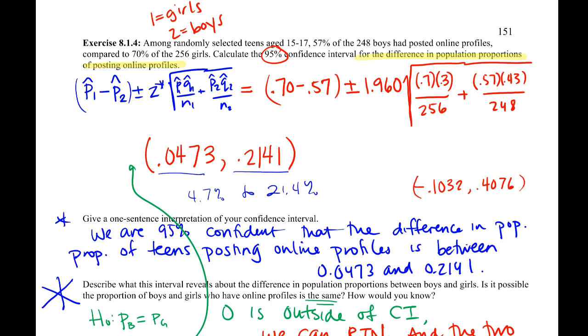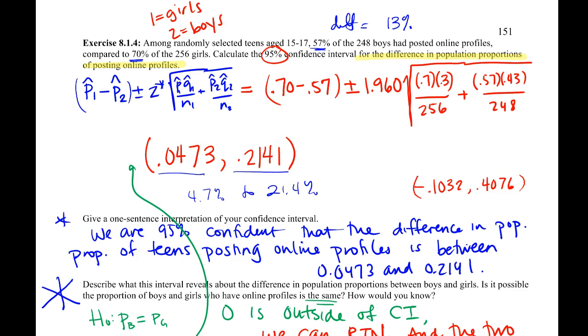And this is all centered around the fact that originally we had 57% of boys and 70% of girls. So our sample difference is 13%, and then we have this plus or minus our margin of error. So we think that 13% more girls than boys have an online profile.